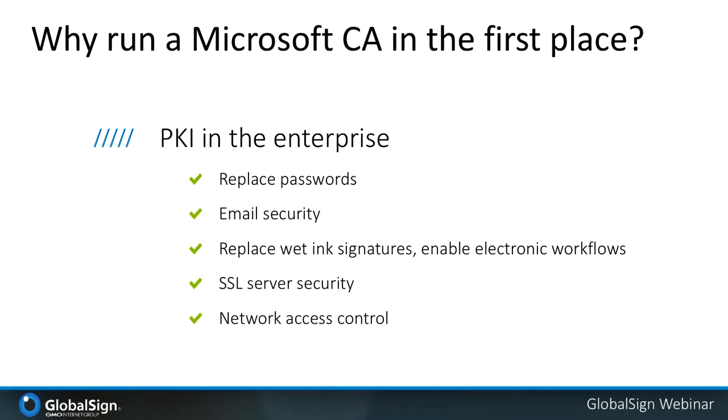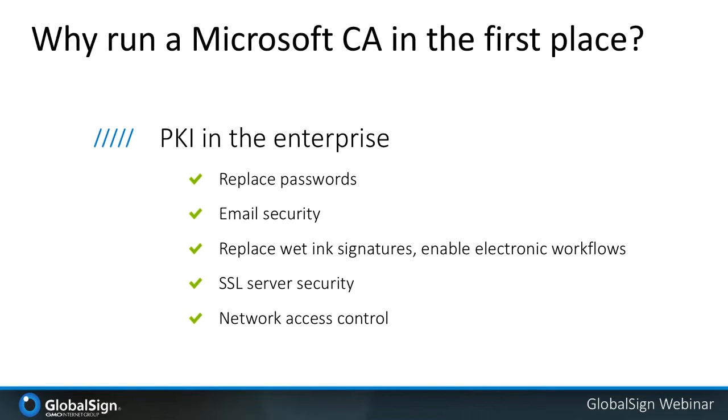Now, arguably, the main reason for running a Microsoft CA, or working with any kind of CA for that matter, is because you want to secure your infrastructure. It's because you want to implement PKI. Now, PKI is an increasingly popular option these days.